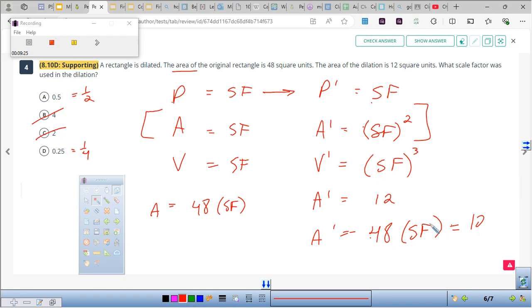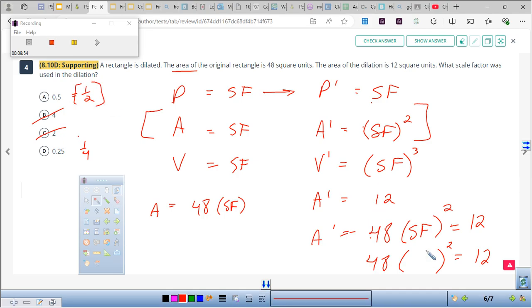It's 1/4 its size, but really we did the scale factor and we squared it. So we go 48 times some scale factor squared to give you the 12, right? I'm just going to go to the answer already and show you what it's supposed to look like.